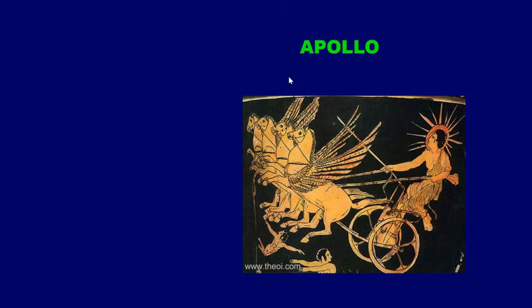Anyway, Apollo says anything but that. The horses are too wild. They're too crazy. You won't be able to control them. But his son says, "No, Dad. That's all I want for my birthday, is to drive the chariot." So his father finally relents and says, "Okay."